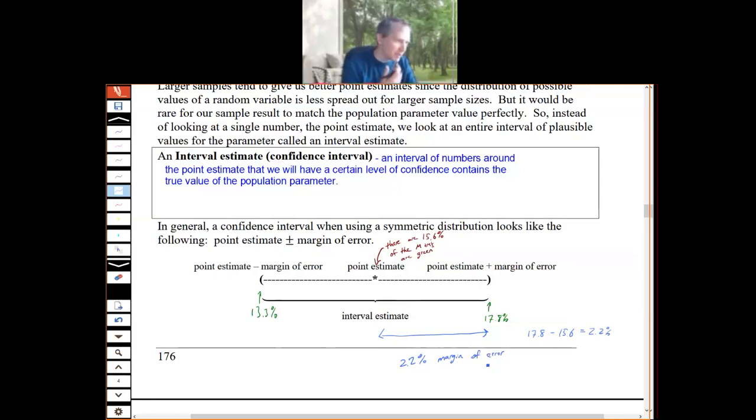It should be the same on both sides, although my 13.3 doesn't exactly look like 2.2% because of rounding error. One of these numbers rounded and the other one didn't. But it should be about the same on both sides. So I have the same 2.2% on both sides. It's symmetric.